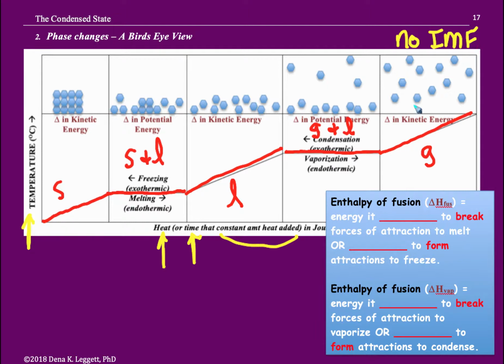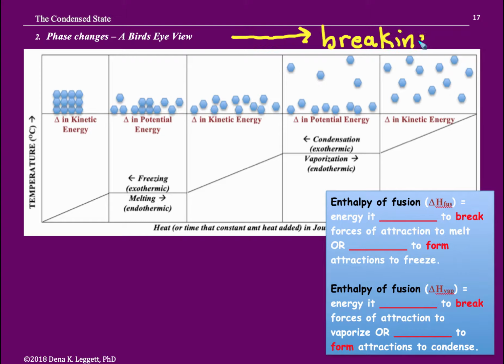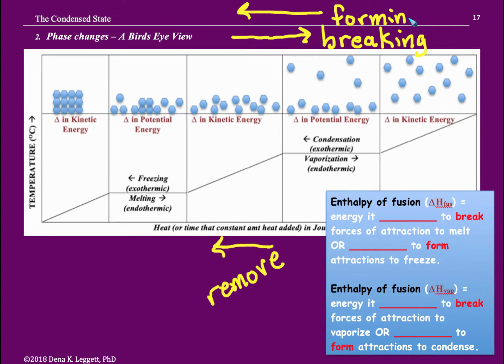In the gaseous phase, we have no intermolecular forces. As it begins to condense, so now I'm looking at a cooling curve, the substance starts to form intermolecular forces and become attractive as it forms a liquid. If you are looking at a heating curve, you're talking about breaking attractions. If you're looking at a cooling curve, which would be the removal of heat, you're talking about forming attractions.